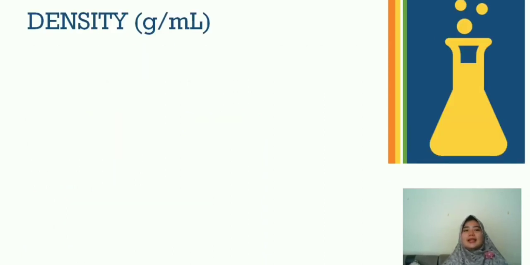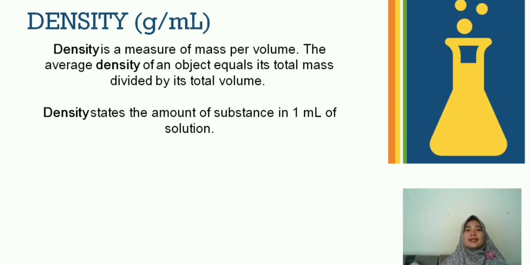Next, the last concentration unit in chemistry is density. Density is a measure of mass per volume. The average density of an object equals its total mass divided by its total volume. Density states the amount of substance in 1 milliliter of solution.